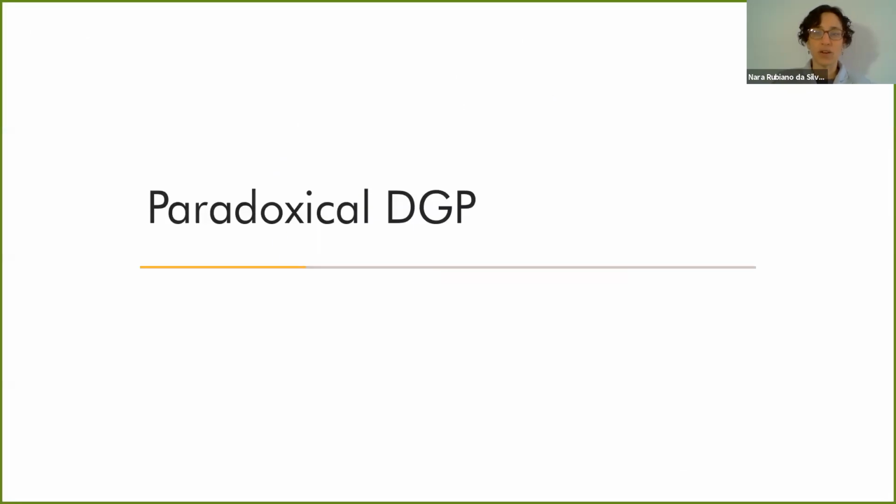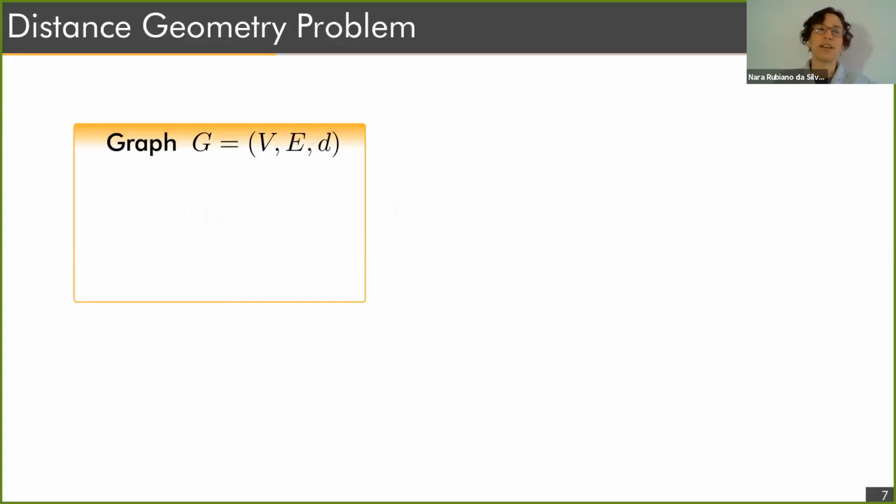First, let me introduce you to the problem we are addressing here, which is a subclass of the distance geometry problem. A formal definition of a distance geometry problem can be summarized in a question that asks whether a graph is realizable or not.